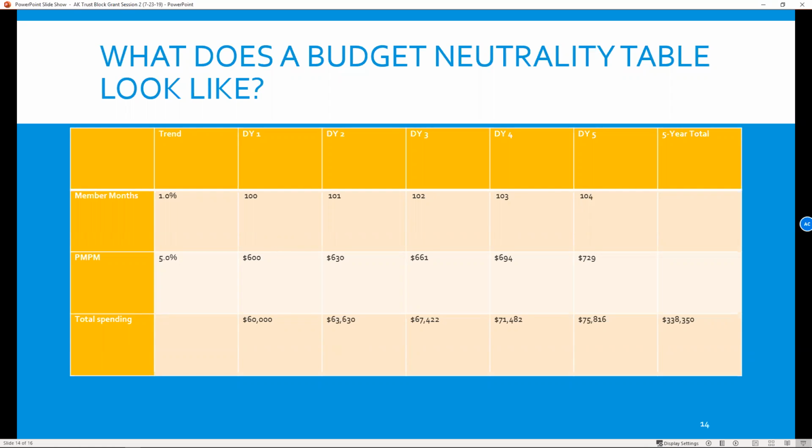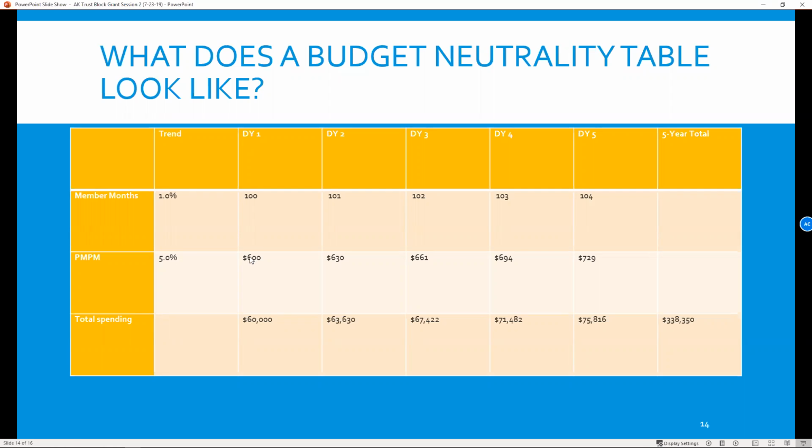You add 1 percentage point growth to 100, and round it off. It sort of marches up 101, 102, 103, 104. That's a 1% growth rate. So by demonstration year 5, your member months have gone up to 104 at that trend rate.